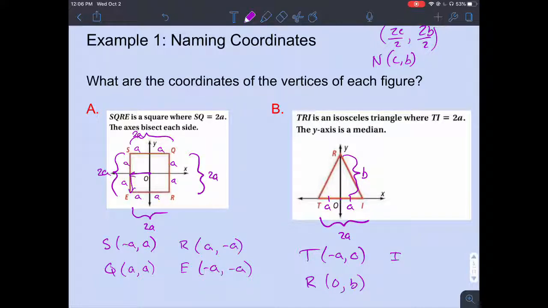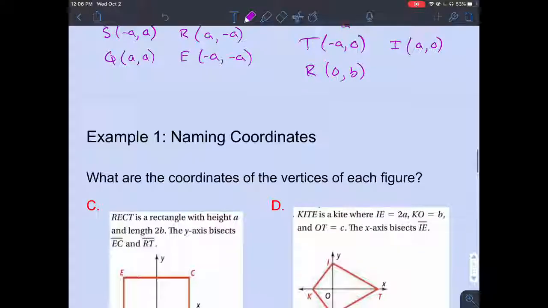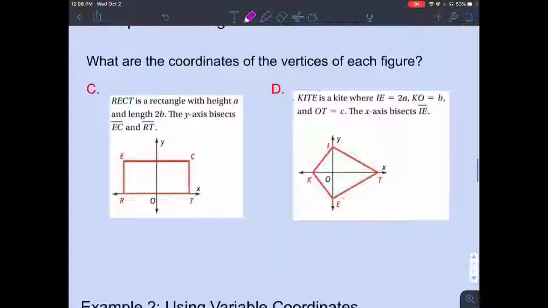Now we chose B. You could choose any letter you wanted. I just went with the next letter in the alphabet. And then we have I. I is going to be A units to the right. And we're going to be on the x-axis, so it's going to be 0. So let's move to the next two, C and D. Try these and come back and check your answer when you're done.